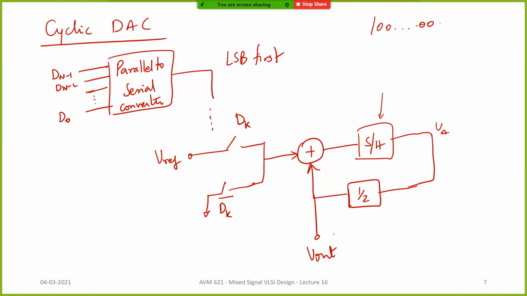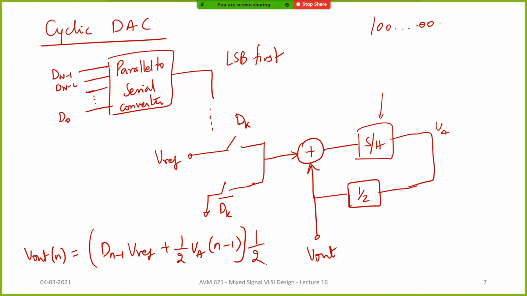So Vout of n can be written as (d(n-1) Vref + Va of (n-1)) divided by 2. The current output is going to be the previous voltage, the existing voltage, plus the incoming bit, the whole thing divided by half.